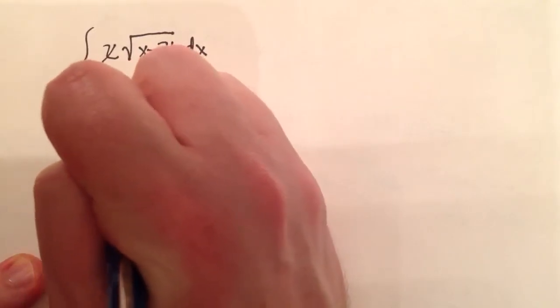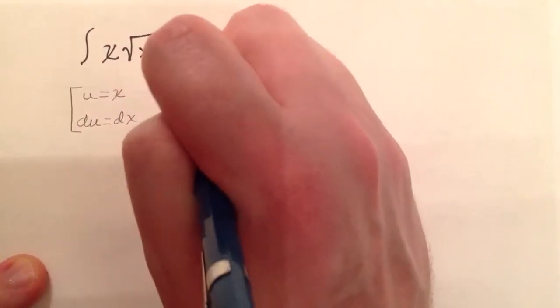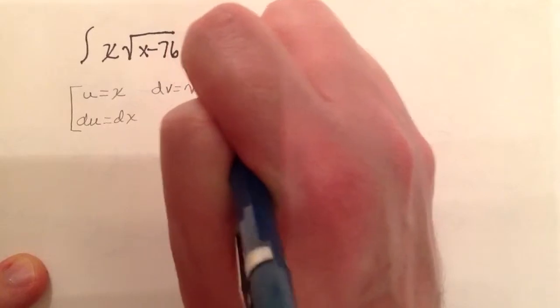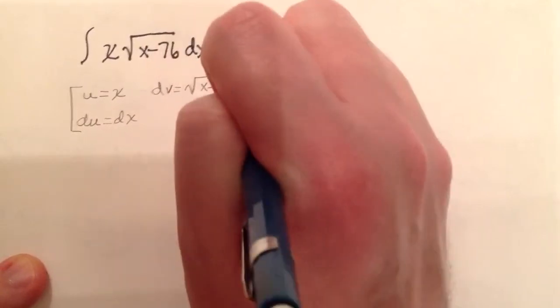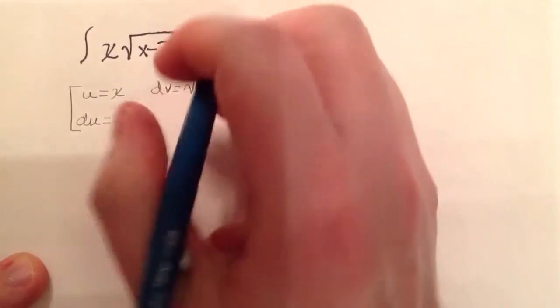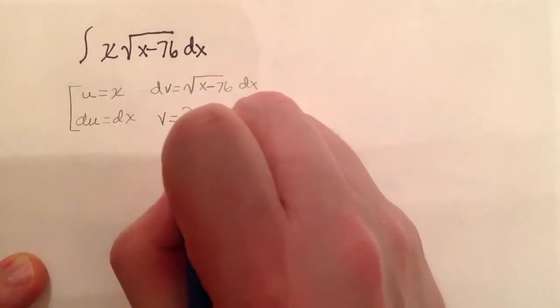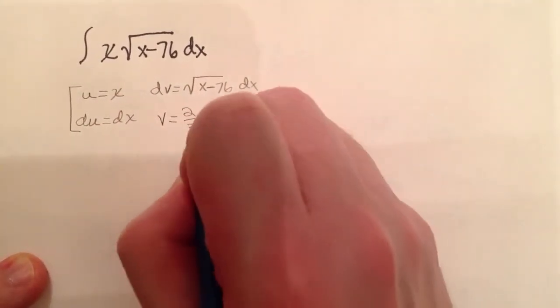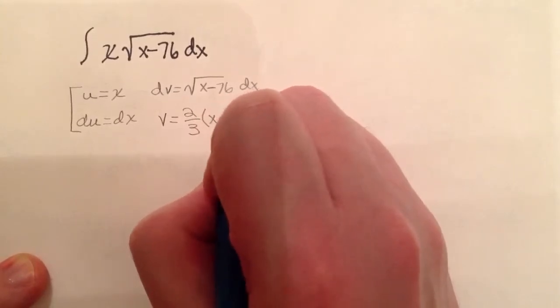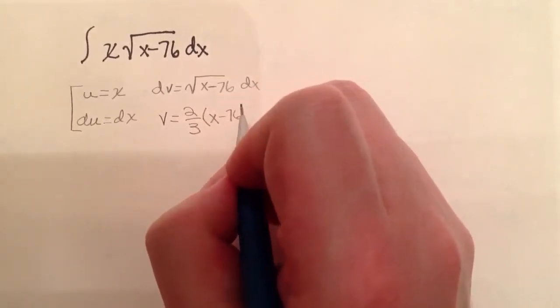whereupon du is going to be equal to dx. And as for dv, we have the square root of x minus 76 dx, and the antiderivative can go to 2/3 of the quantity x minus 76 to the 3/2.